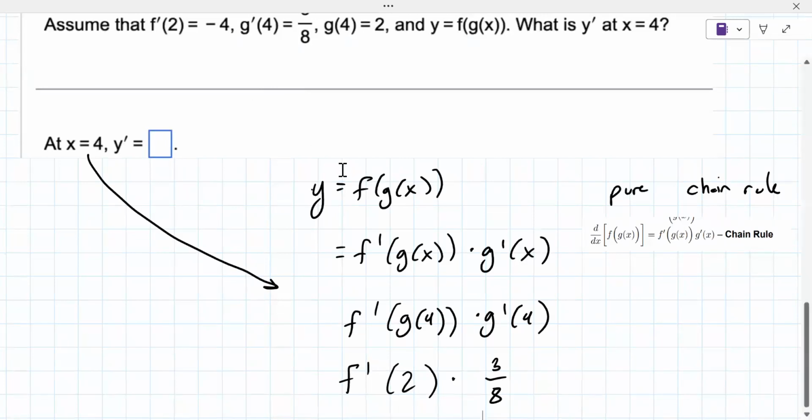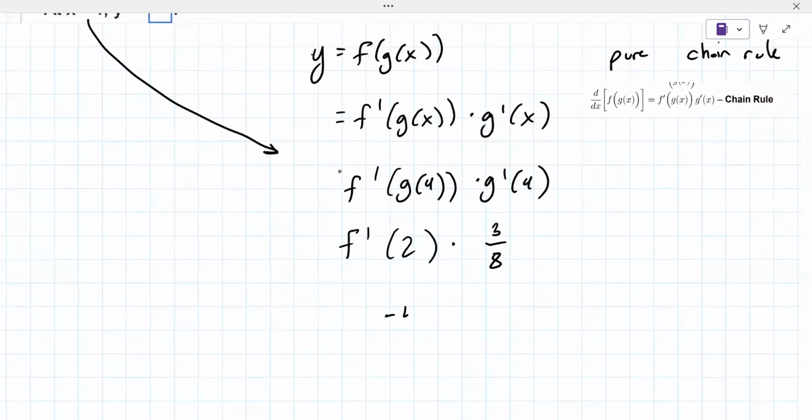F prime of 2 is -4. And then you can simplify this. So it's -12/8, divide top and bottom by 4, -3/2, like that.